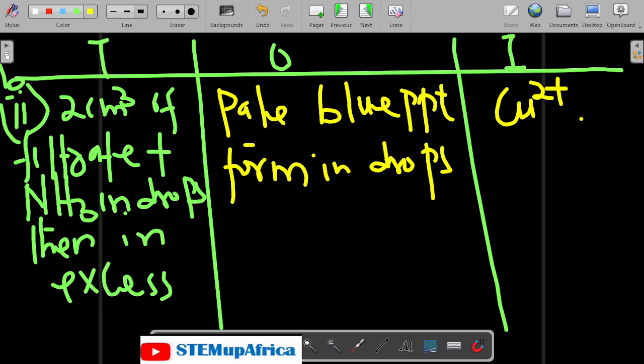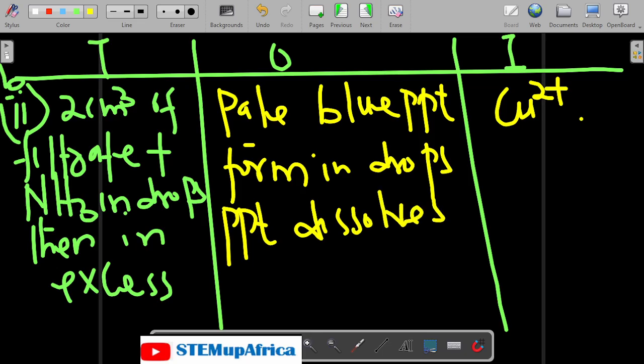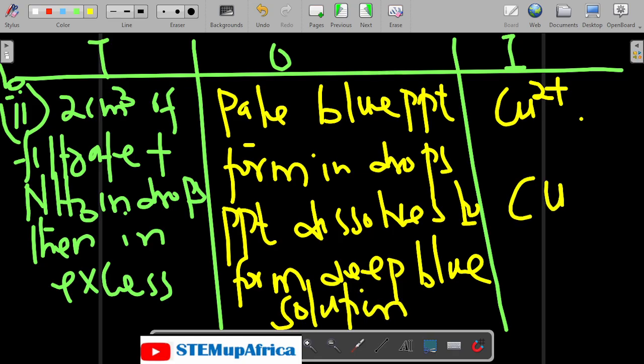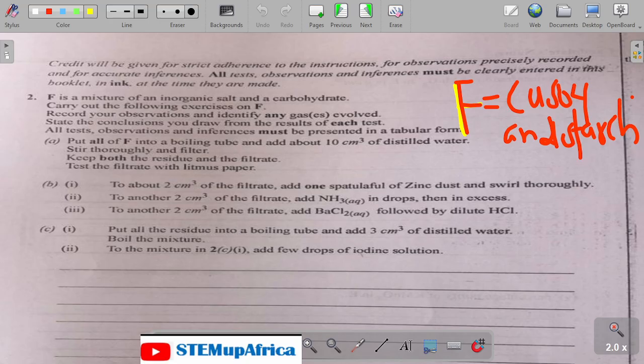Then in excess, the PPT dissolves. The pale blue PPT now dissolves to form a deep blue solution. So this is a confirmatory test for copper. So I will also say Cu2+ is present, or you can use the word confirmed.